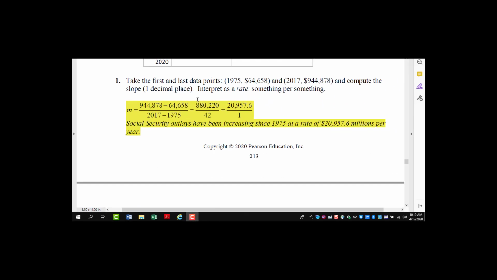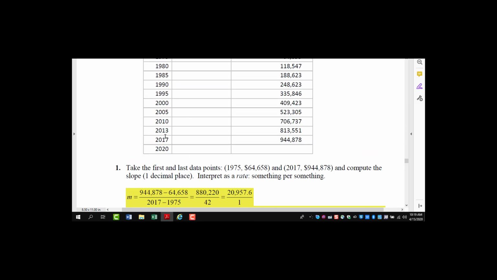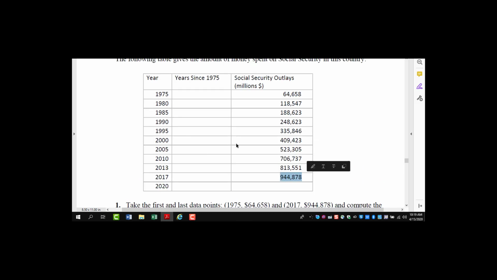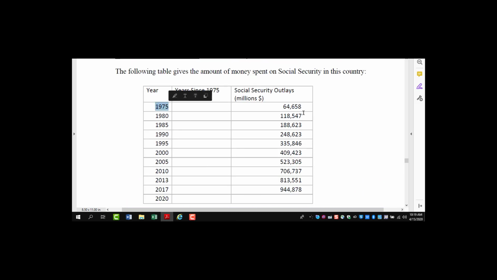So really the only thing we're doing here is the rate and interpreting the rate. And the rate won't change no matter what, because this number on the bottom, if 1975 was year 0, would be year 42. So it doesn't matter if we use this for the rate. We're using the last and the first data point.